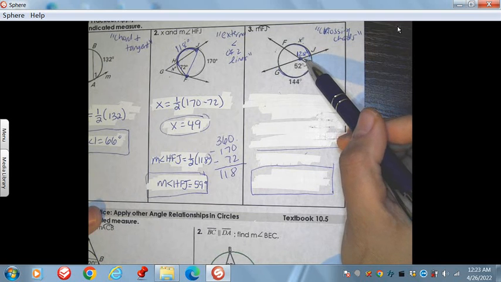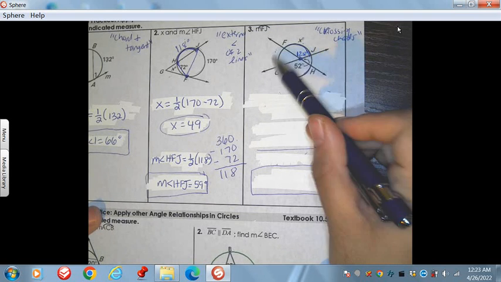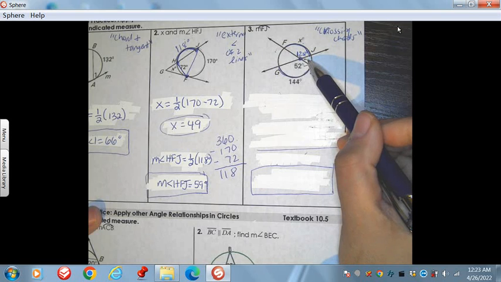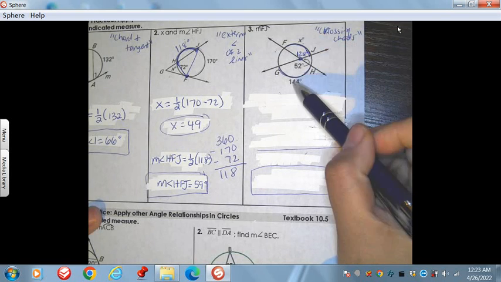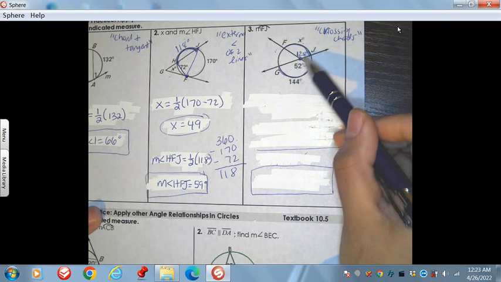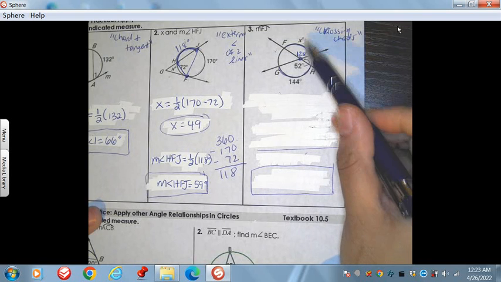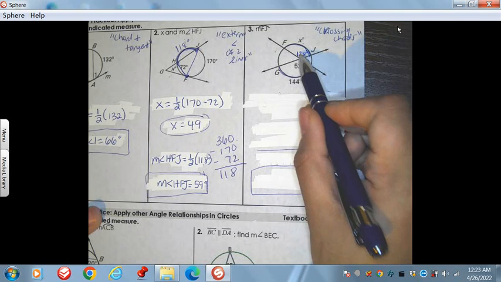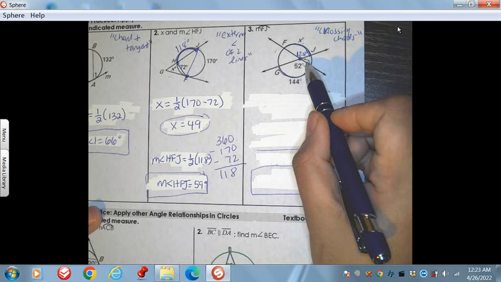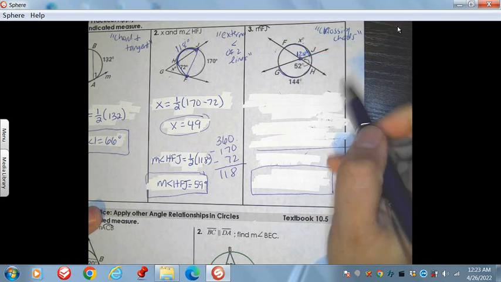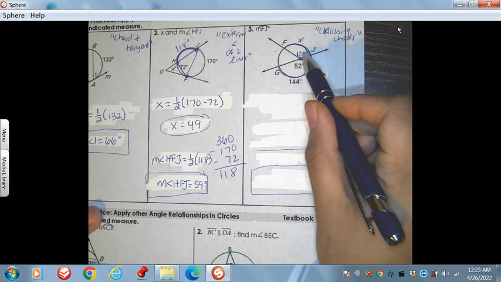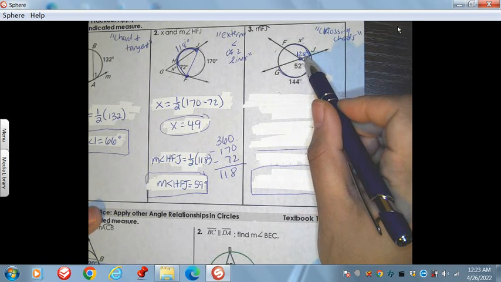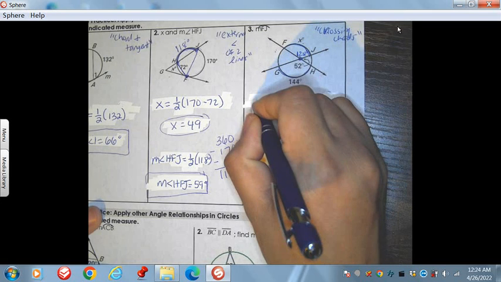These two angles are a linear pair, so they are supplementary. If you know that's 52, then I found that this is 128 degrees. I can then use the crossing chords formula: the measure of the angle, which I know is 128 degrees, equals 1/2 of the two arcs that it opens up to, so x and the 144. And we're trying to find x, so we're going to solve this.